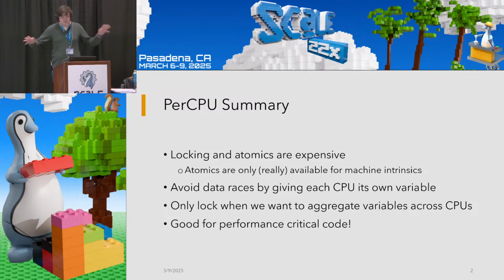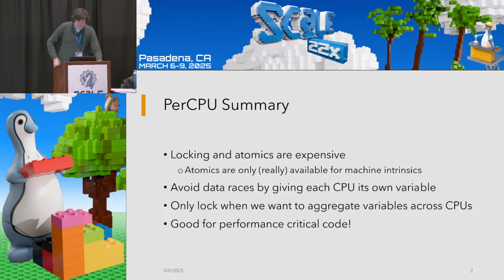So just a brief summary in case you're unfamiliar with the concept of per CPU variables. The key problem here is that locking and atomics are pretty expensive. And atomics also have this drawback where they're really only available for things that are appropriately sized, like machine intrinsics. And so instead of synchronizing across cores to prevent data races, we just give each CPU its own variable, and then there's no data races.